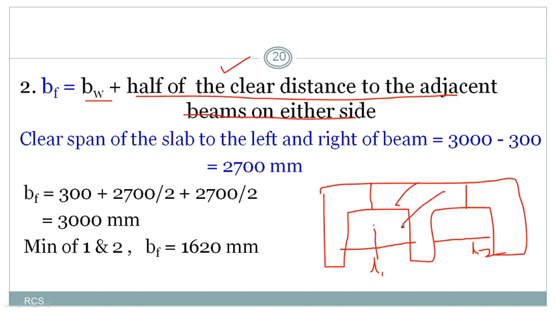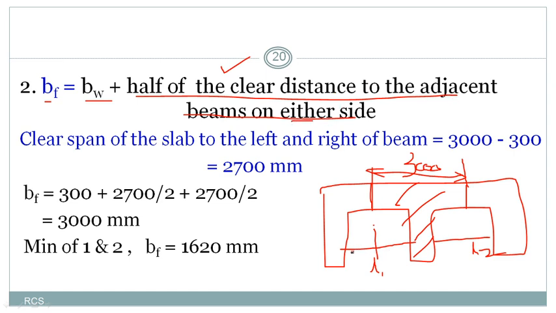These two are the adjacent spans to your T-beam, and they are given the center to center distance between them, that is 3000. For calculating BF with respect to the second condition, we should know the clear distance of adjacent beams on either side.